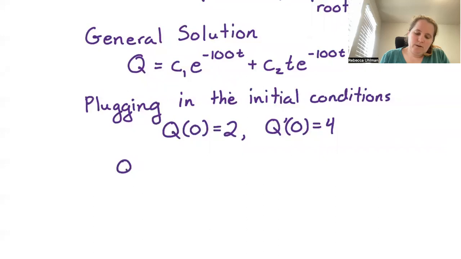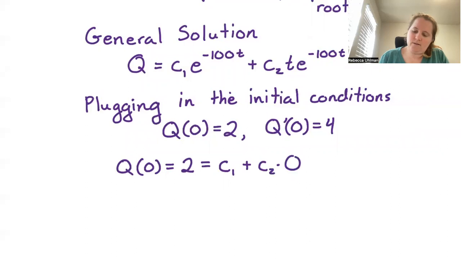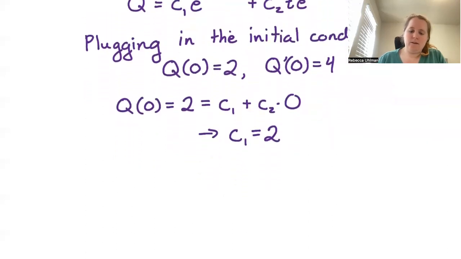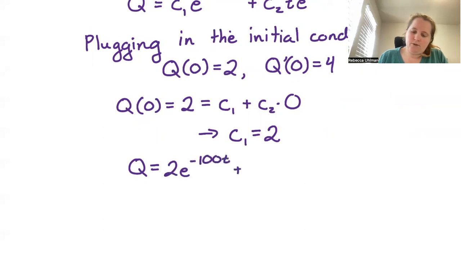So Q of 0 equaling 2 tells us that C1 plus C2 times 0 is 2, and we get that C1 is equal to 2. So we have Q is 2e to the negative 100t plus C2 t e to the negative 100t.